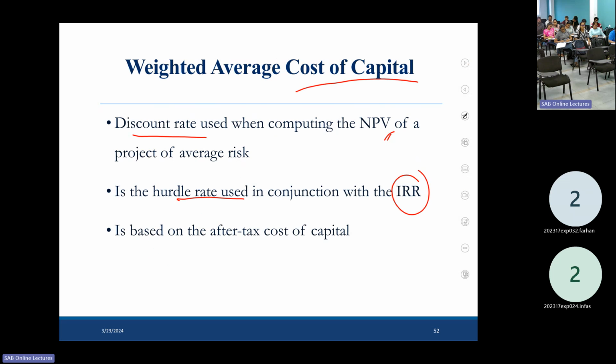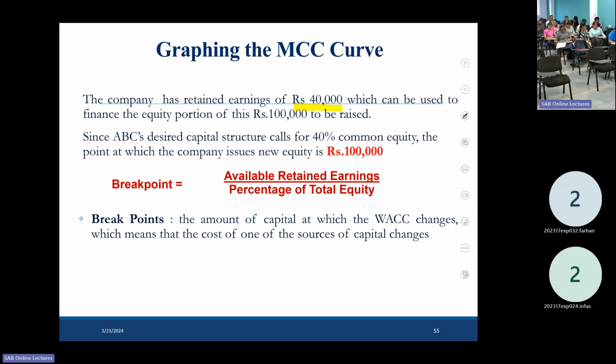Now assume that your available retained earnings is 40,000, to be used to finance the equity portion of this 100,000 to be raised.